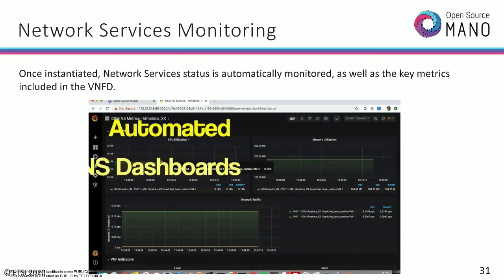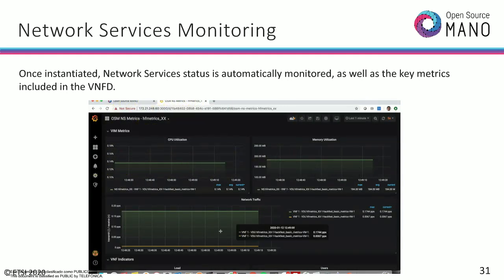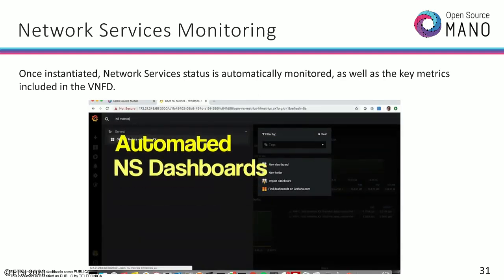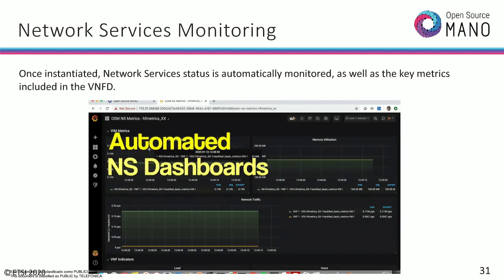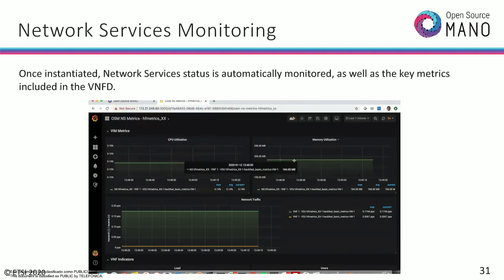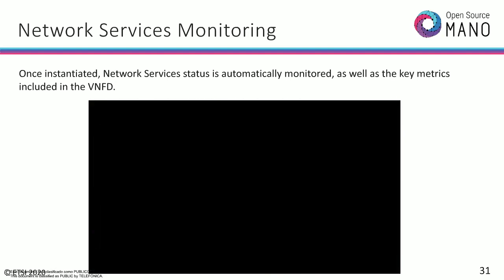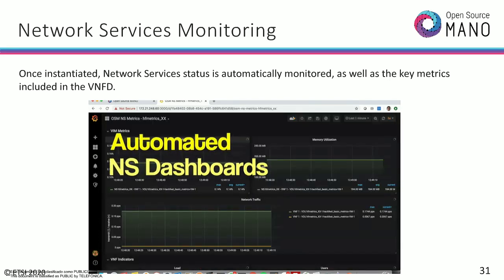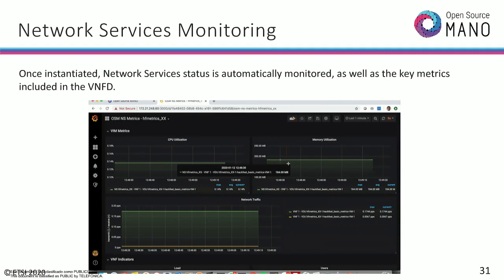Of course, we need to know what's going on with our network services. So in the past, in OSM, we have supported monitoring metrics of the infrastructure of the NS and configuring those metrics to be exposed in a Grafana dashboard.